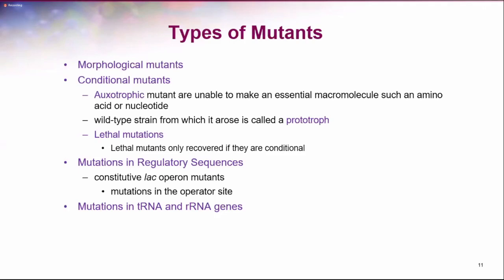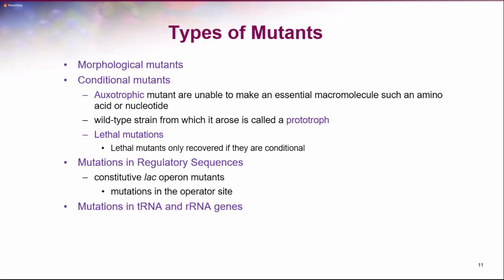Similarly, you can have mutations in the activator sites as well, or just the promoter site where the RNA polymerase itself binds, right? If it's unable to bind because there are mutations in the TATA box or mutations in the -35 sequence, then the polymerase can't bind. If the polymerase can't bind, transcription cannot occur.